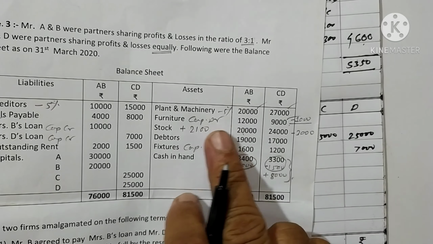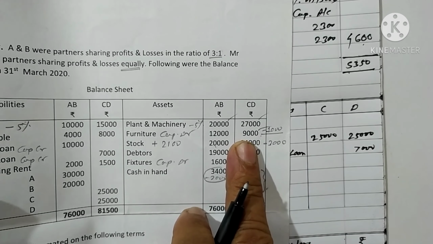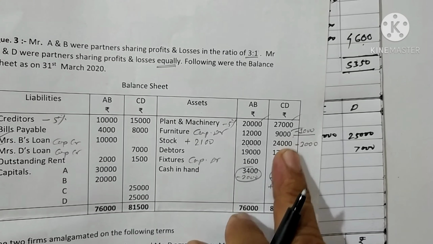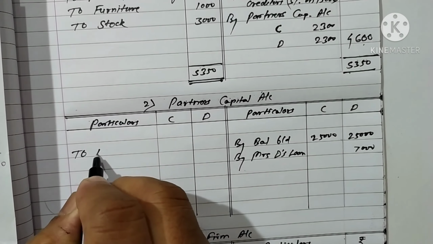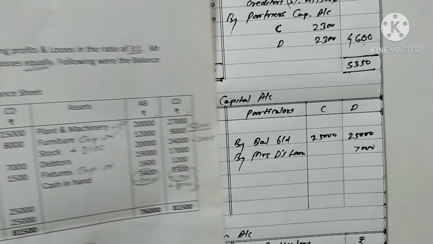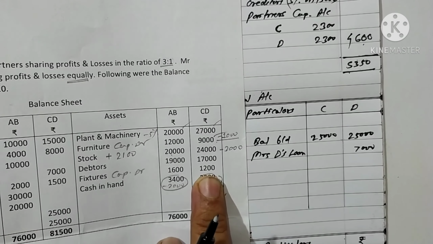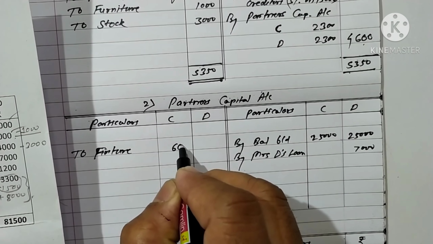Okay. Now, furniture is sold. Fixture is to be on debit side, to fixture rupees 1,200 in equal ratio. Partners capital ratio is equal. Rupees 600.